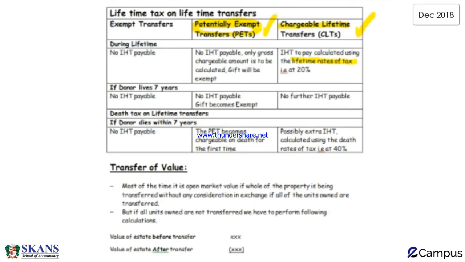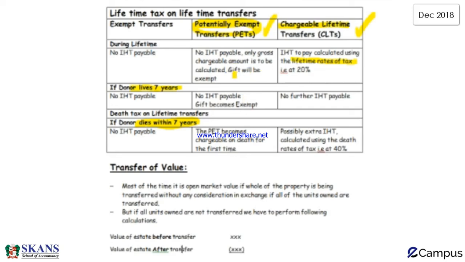What would be the implications of these lifetime transfers when an individual dies? That depends on whether the individual lives for 7 years after making the transfer or dies within 7 years. First, let's focus on potentially exempt transfers.